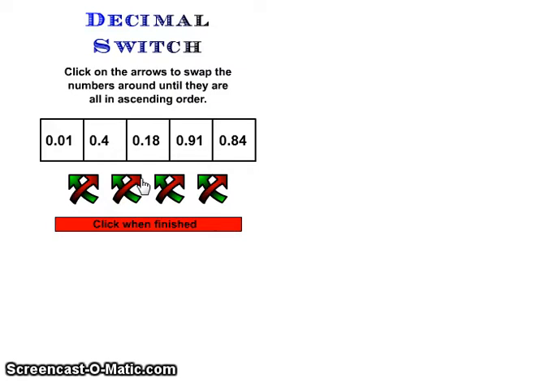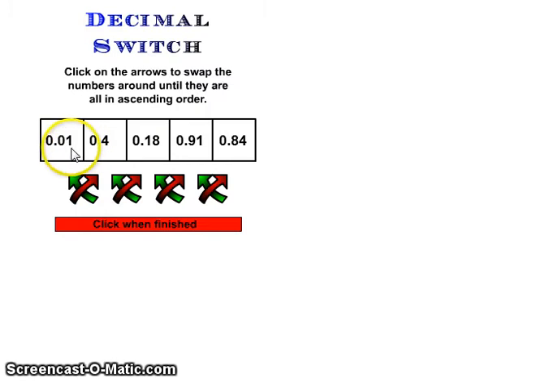And unlike in regular counting where it goes ones, tens, hundreds, thousands, it goes backwards. So a hundredth is actually smaller than a tenth. So a tenth would be the biggest in a decimal. So if you look here, 0.01 is a hundredth, which means it is in the right spot. We do not see any other hundredths because this is a hundredth, which means it's the smallest in here.